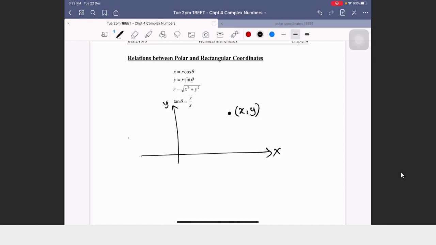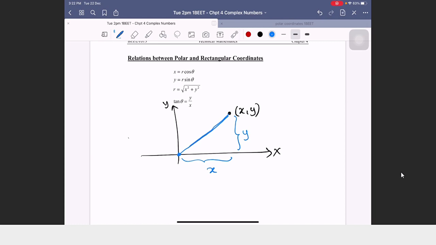What does this x y coordinate mean? From the center, the coordinate x y represents a distance of x units this way, and then y units up. So in the first quadrant I can form a right angle triangle.